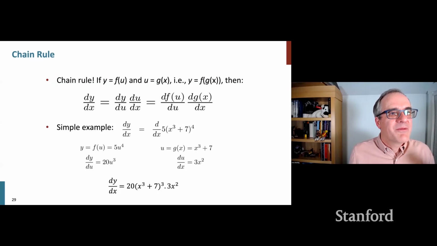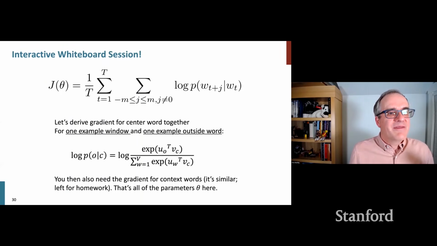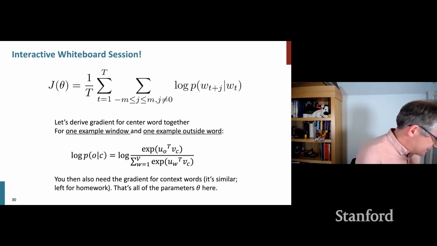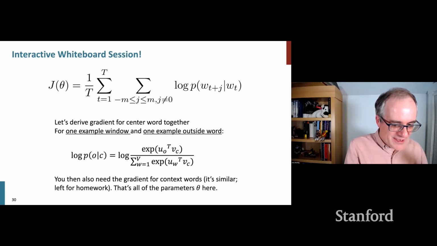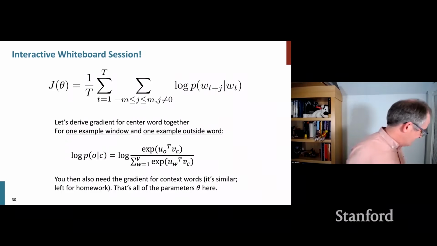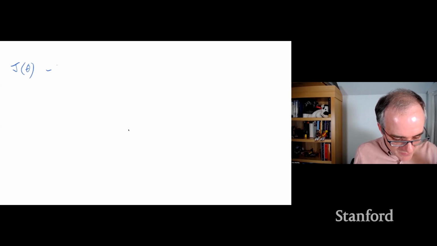And a couple more slides here, but maybe I'll just try and jigger things again and move to my interactive whiteboard. What we wanted to do, right? So we had our overall J(θ) that we were wanting to minimize, our average negative log likelihood. So that was the -1/T of the sum of t equals 1 to big T, which was our text length.